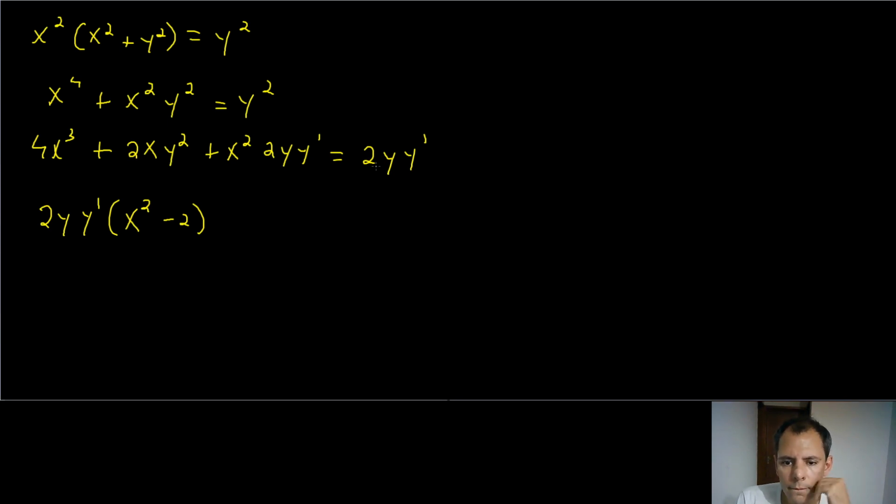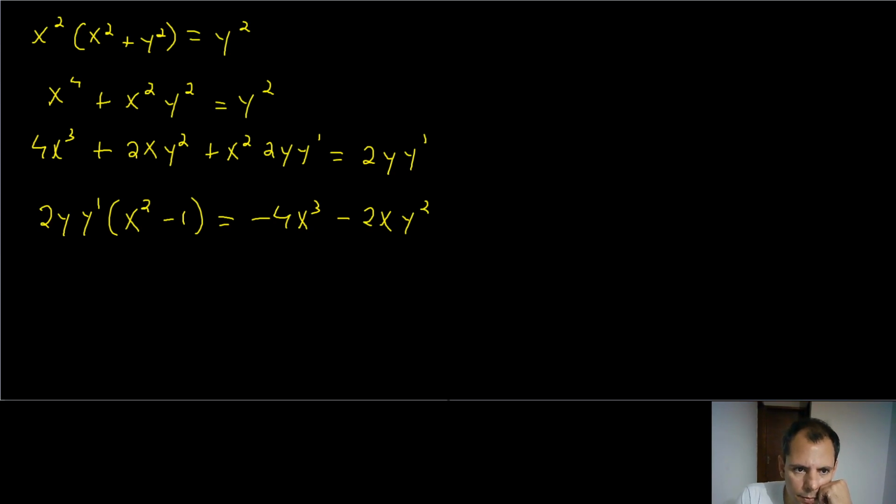Okay, no, it's not x squared minus 2. It's minus 1. Let's see, this stuff is coming over here. You factor out the 2y prime and get an x squared minus 1, yeah, equals minus 4x cubed minus 2xy squared.